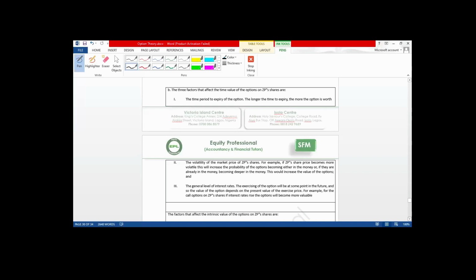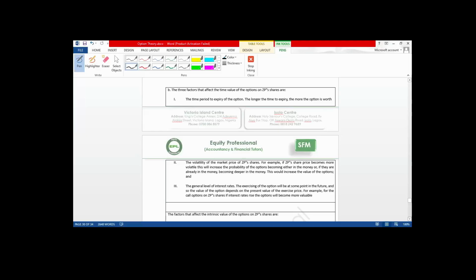The number 3 factor, the general level of interest rates. Exercising the option will be at some point in the future.